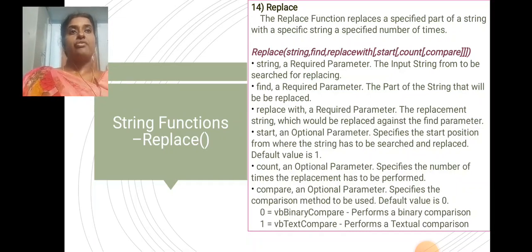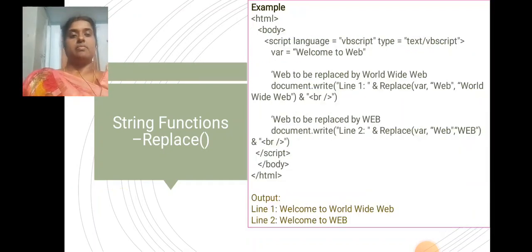Count is the number of times the searched pattern is to be replaced. Compare, as already discussed, can take either 0 or 1. 0 means it performs a binary comparison. 1 means it is a text comparison.